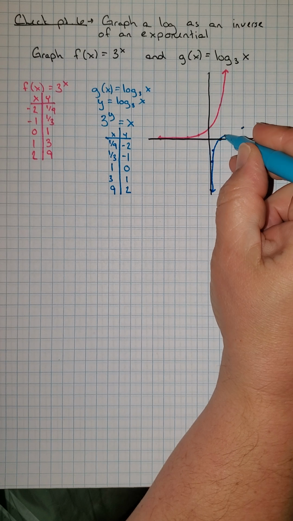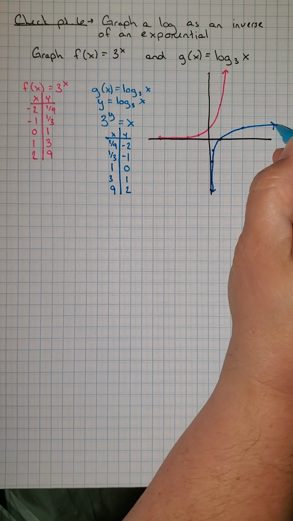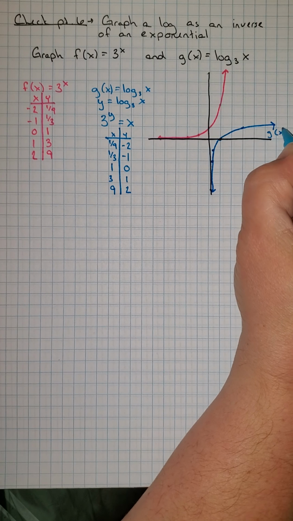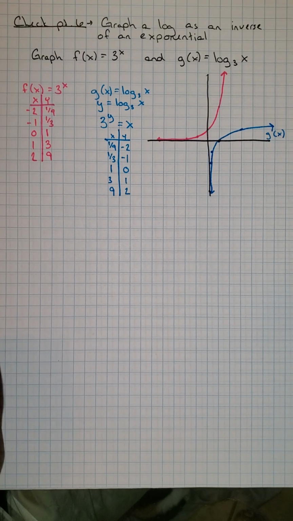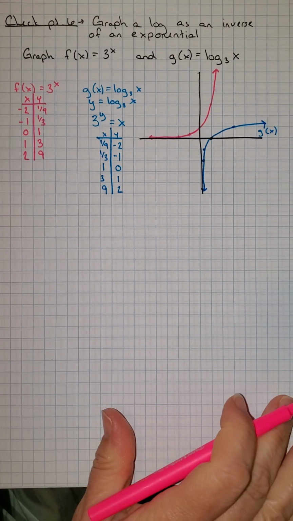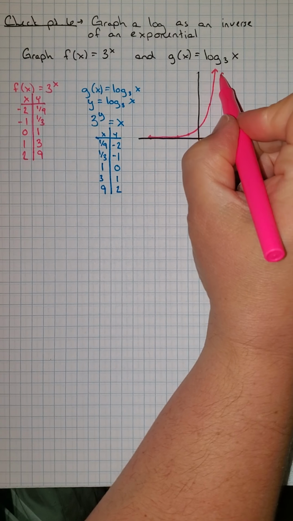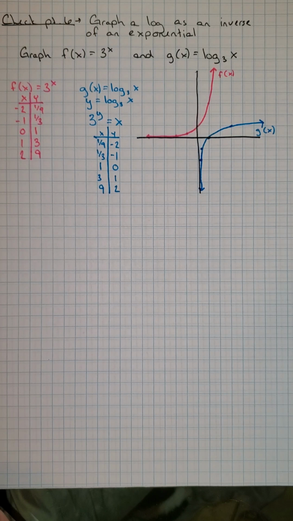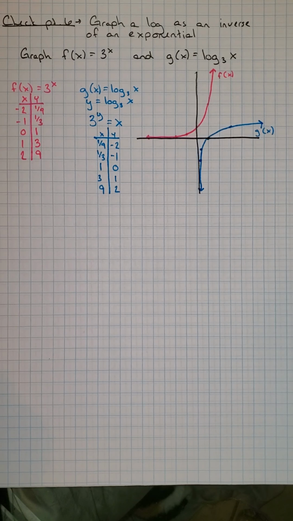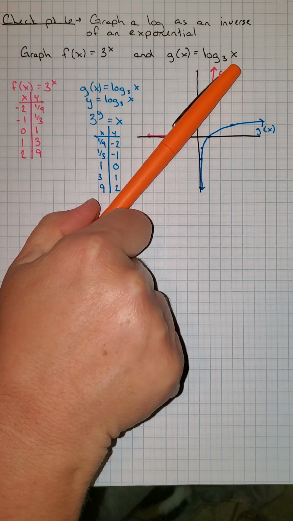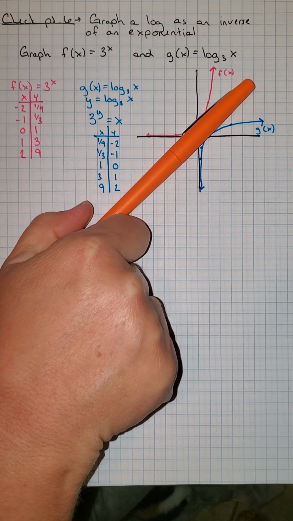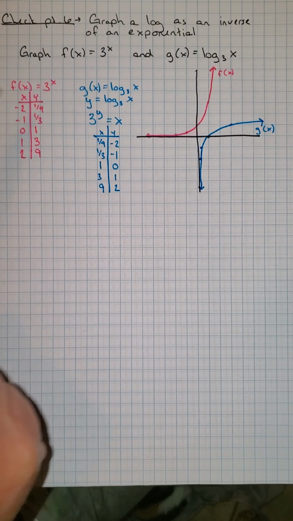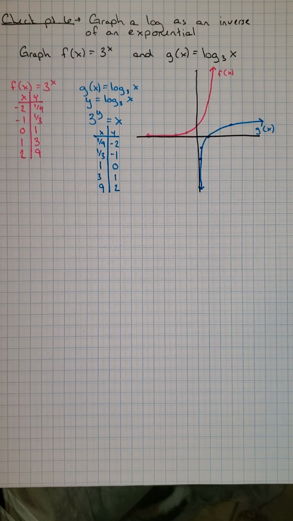All right, so this is g of x. That's our log function. That first one was f of x. And remember what an inverse is. It's a flip over the line x equals y. So if I drew in x equals y right down the middle, you'd see they flipped over each other. And the other thing that happens is the asymptotes flip.